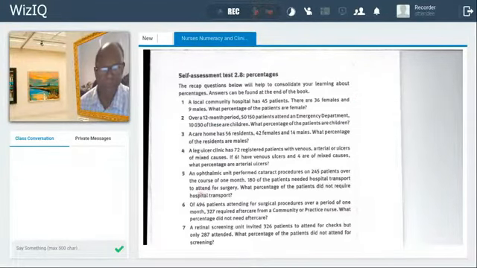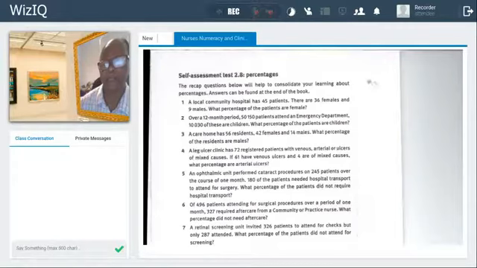Question number 5 says, an ophthalmic unit performed cataract procedures on 245 patients over the course of 1 month. 180 of the patients needed the hospital transport to attend for surgery. What percentage of patients did not require transport?